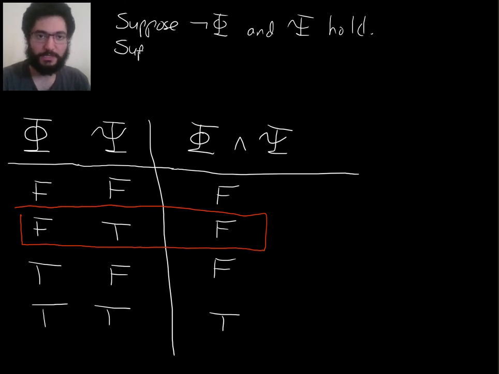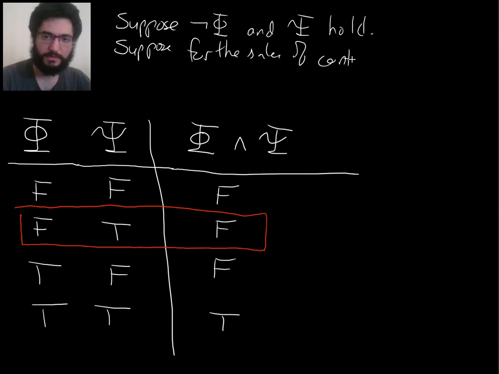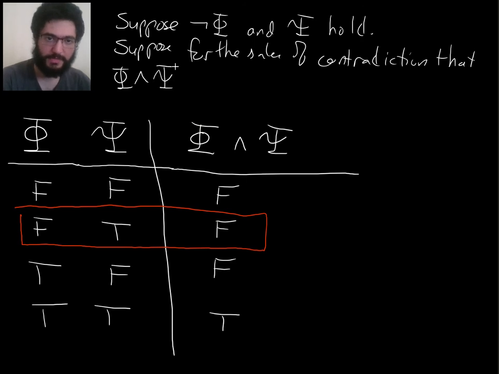Yes, by contradiction. Suppose, for the sake of contradiction, that phi and psi holds. Now, I'm assuming the opposite of the thing I'm trying to prove. I'm trying to prove that it's not the case that phi and psi.